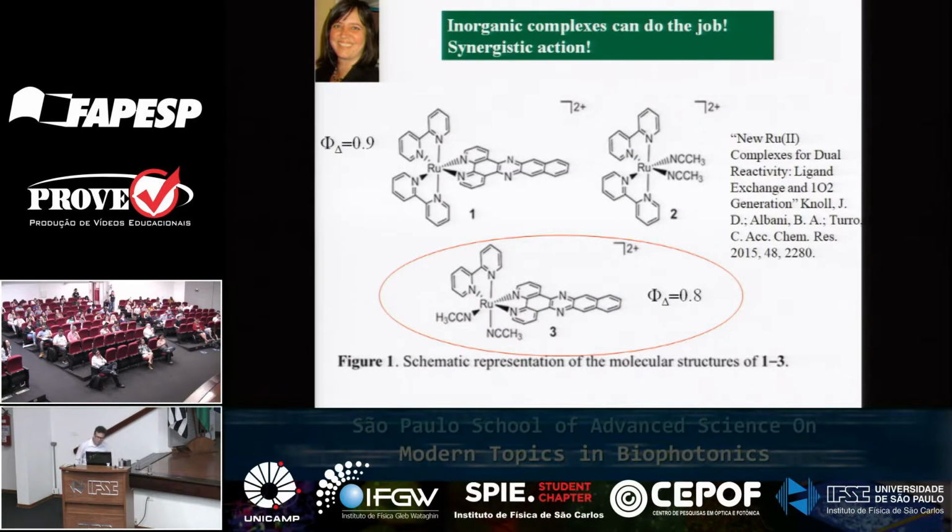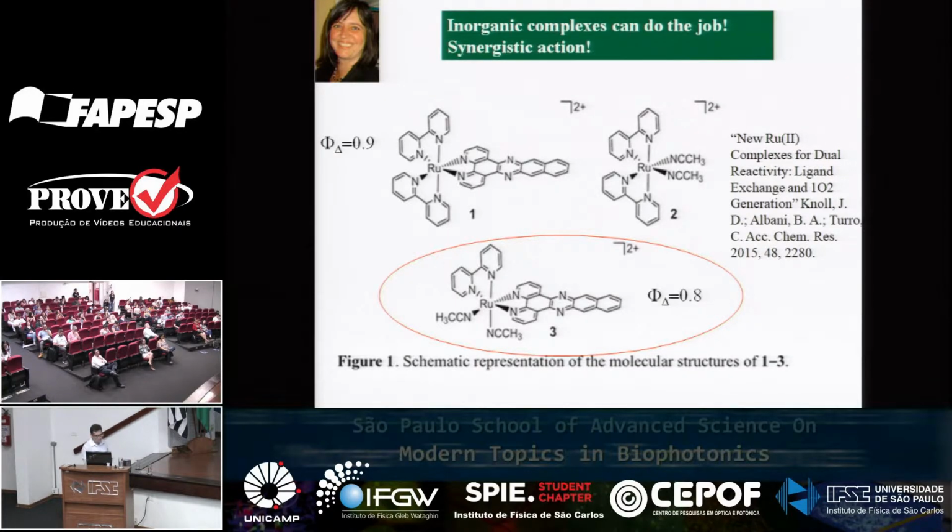So a few examples in my lab. This is a collaboration with Professor Turro from Ohio State University. She synthesized ruthenium derivatives, for many things. And then she made a series for us to test the hypothesis that if the molecule makes two things, singlet oxygen and also a kind of chelation mechanism that is light-induced, because these ligands are released by light and they bind to protein, membrane, or DNA, whatever they find.